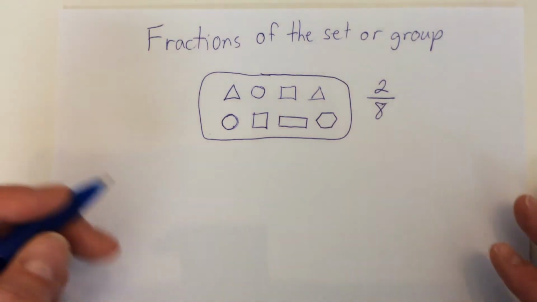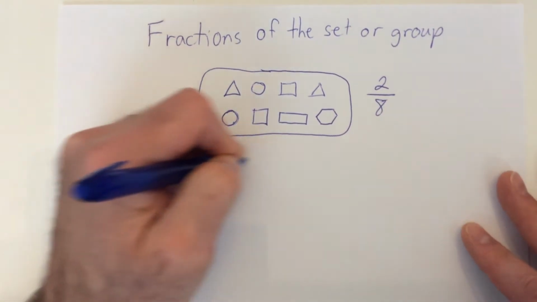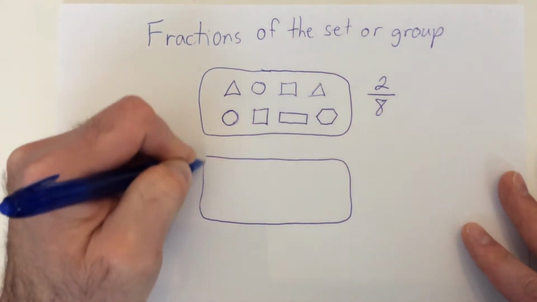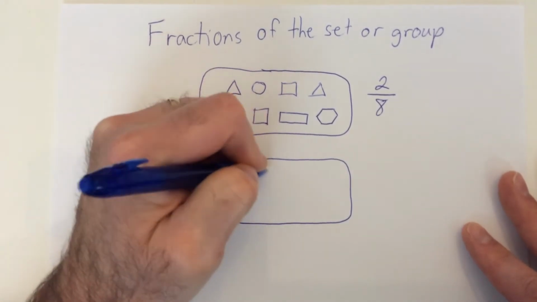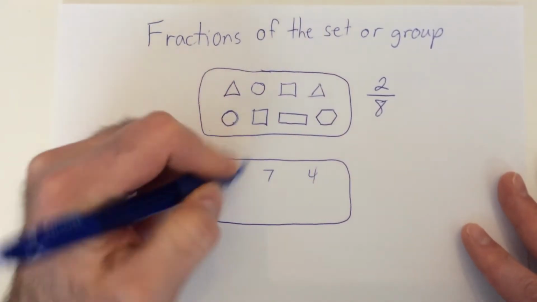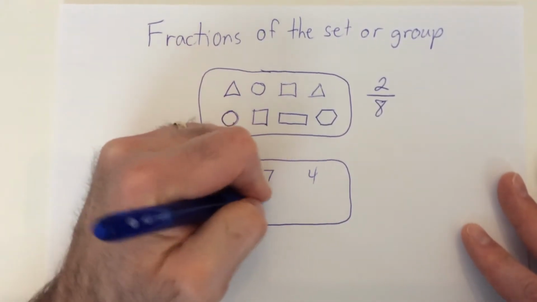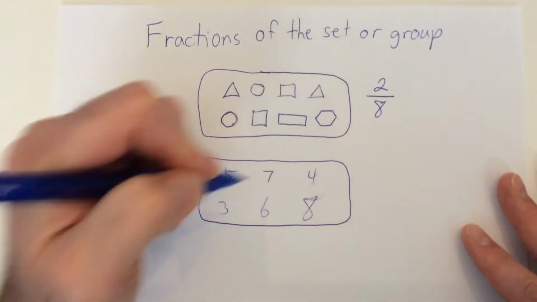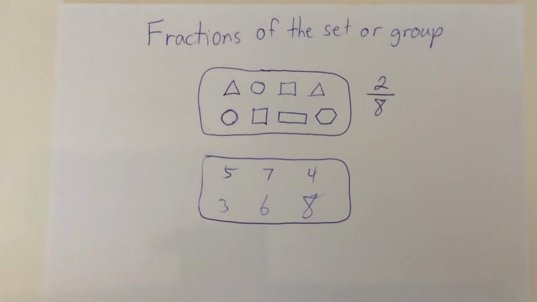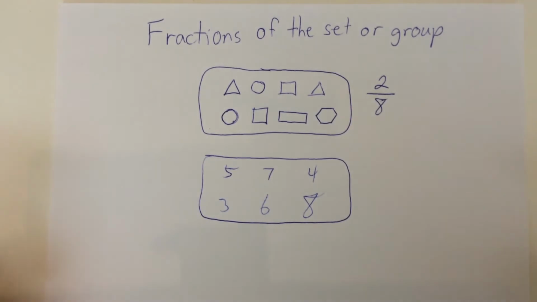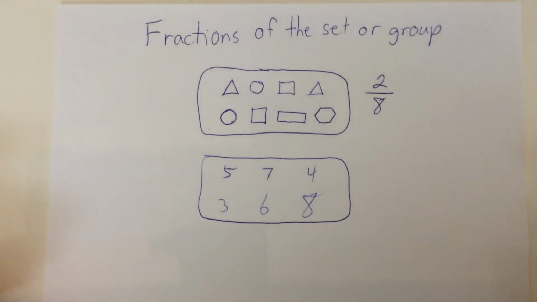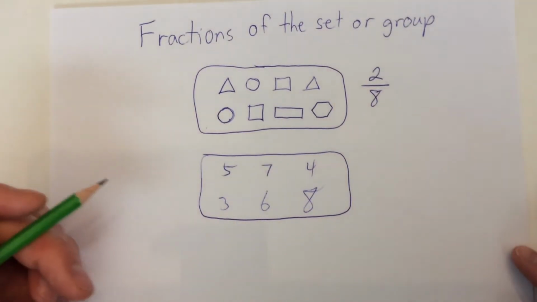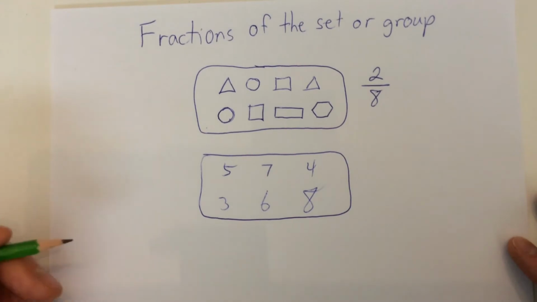Another thing would be with numbers. 5, 7, 4, 3, my pen's running out, 6, and 8. Switch to a pencil. All right, so what we can do is, again, they're not all equal, but they are all numbers, and that's what makes them equal. So what I can say is, hey, what's the fraction of odd numbers?